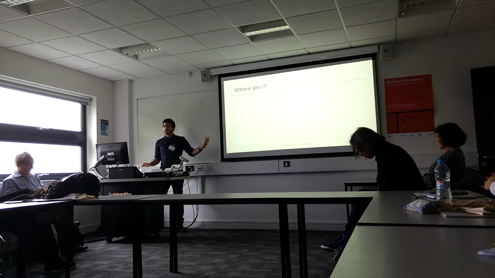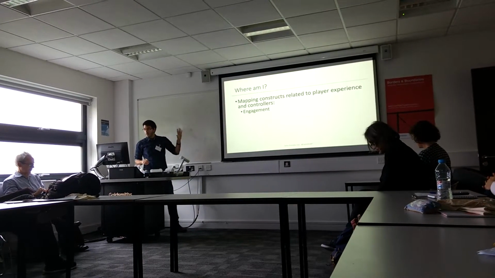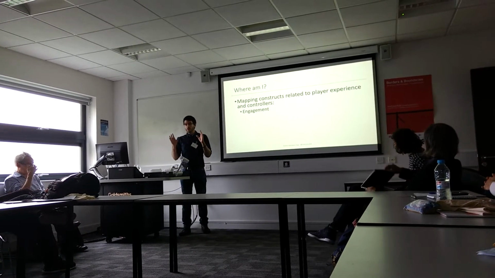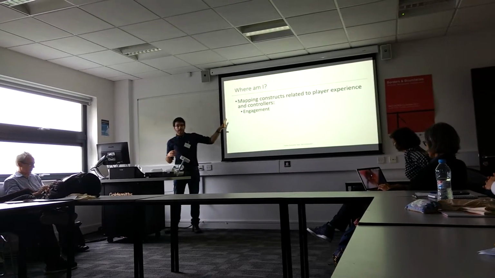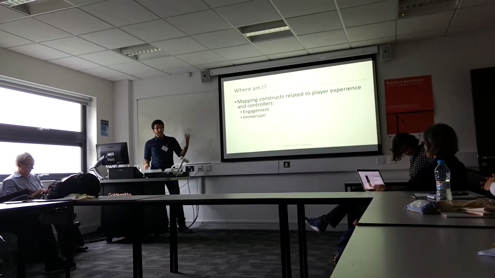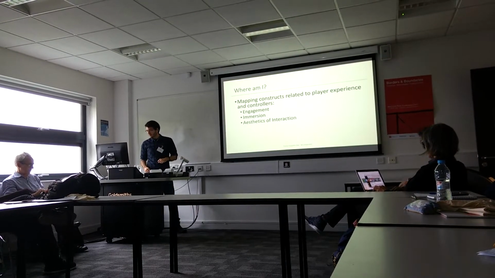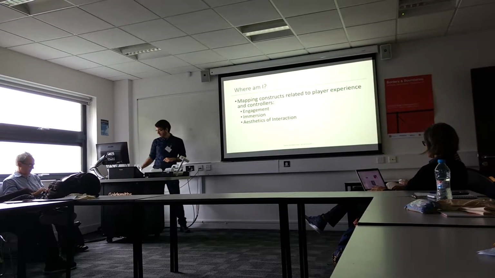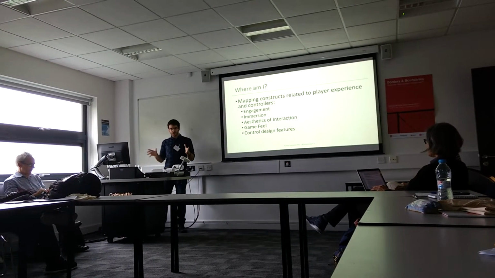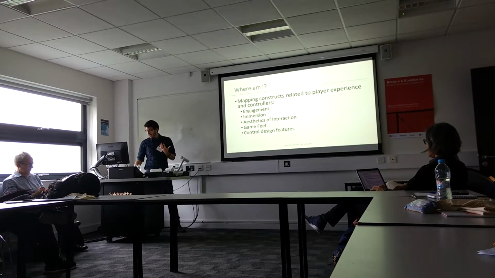So, how am I doing this? I'm mapping different constructs related to player experience and controllers. I map engagement, and how it relates to other constructs such as immersion, aesthetics of interaction, game feel, control design features, how we design controllers, and the one I'm looking at right now, embodiment.